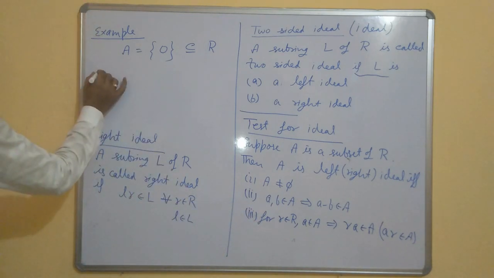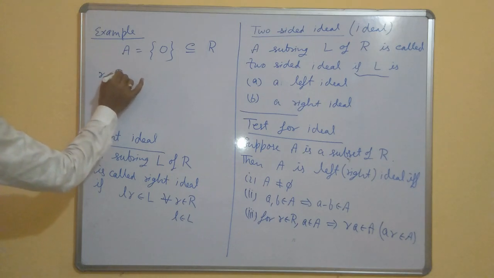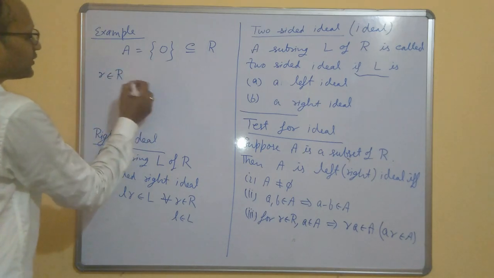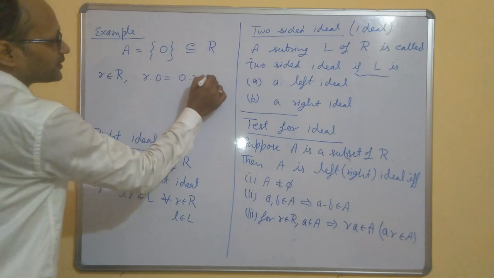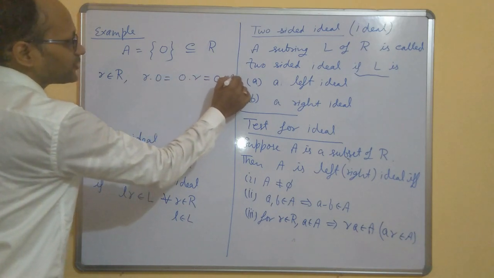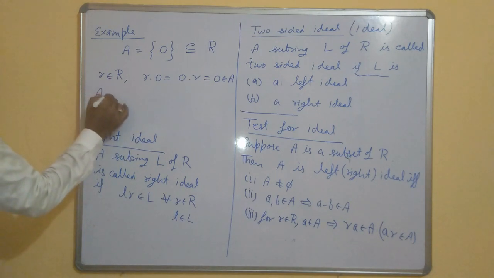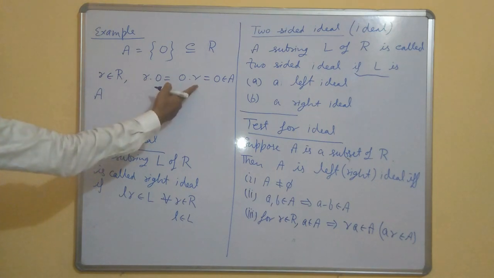And now take any element r in R, and you have only one element, then r into 0 or 0 into r is 0, so that belongs to A. So actually A is a left ideal and also a right ideal.